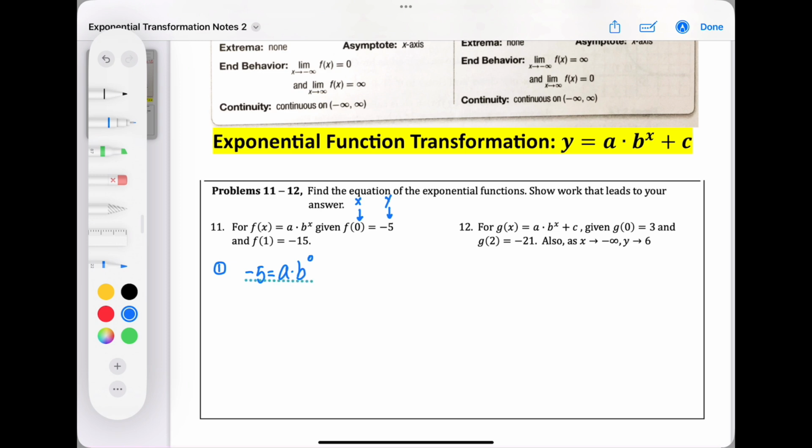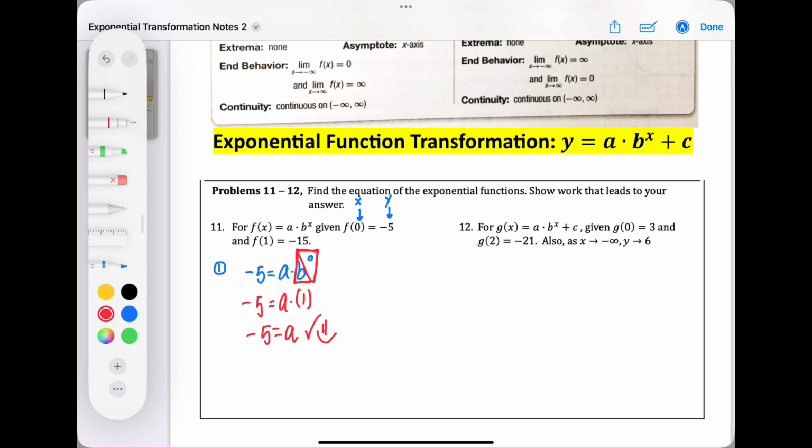Now activate your ego eye. By definition, the 0 power is equal to 1. So that tells me -5 is equal to a times 1, aka -5 is equal to a.